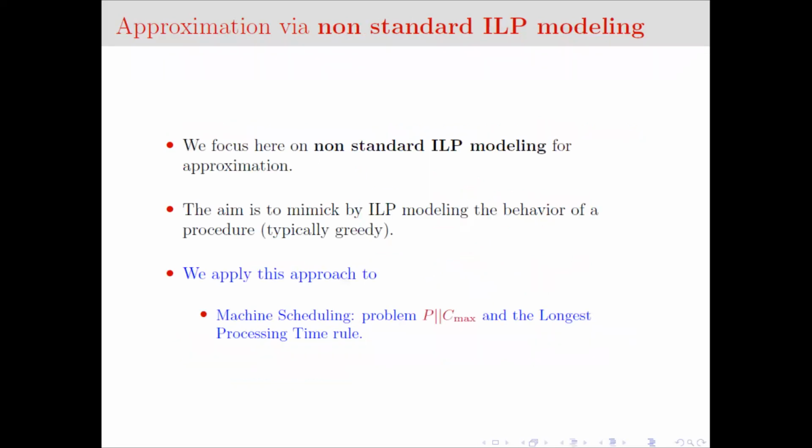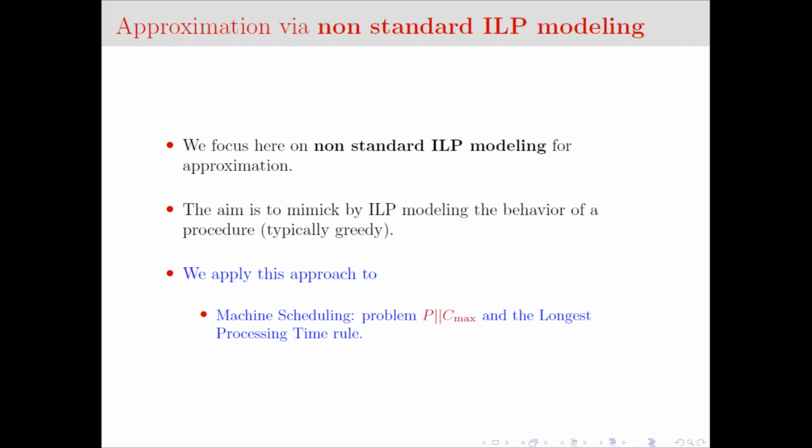But in this presentation, I want to talk to you about what I call non-standard ILP model approximation. So in non-standard ILP modeling for approximation, the issue here is to say, why don't we try to mimic? So we're still modeling. Why don't we try to mimic by a linear programming formulation, not the problem, but the behavior of the procedure that solves the problem, in this case a greedy procedure.